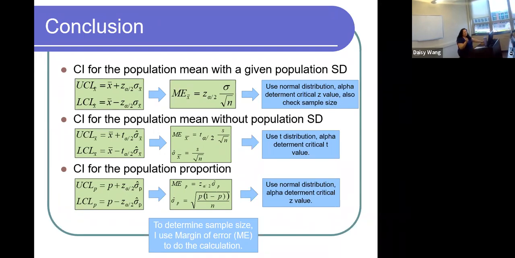We only have the sample standard deviation. In this case, we definitely need to check the sample size, see if it's big enough, but we can use the t distribution to find the t-value. And for the third one, we will use the z-value to find out what's the reasonable sample size.